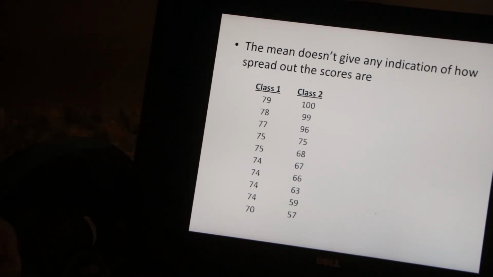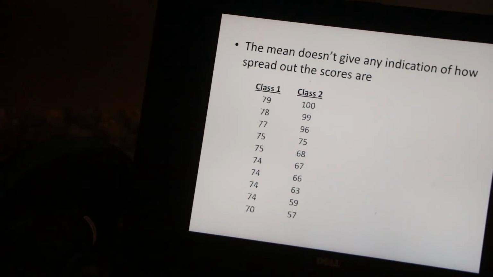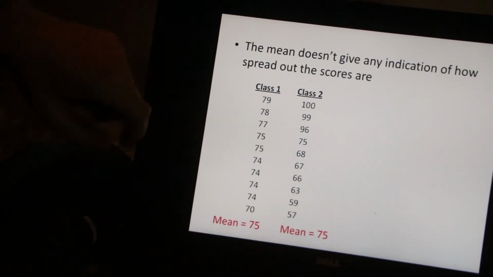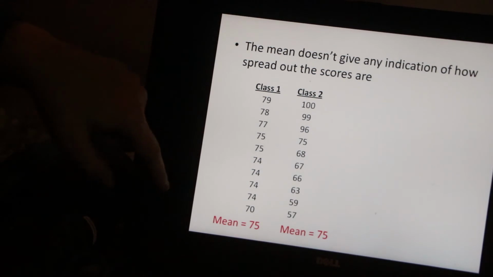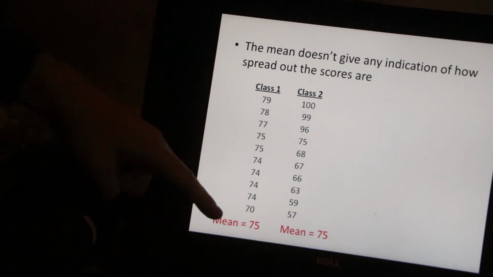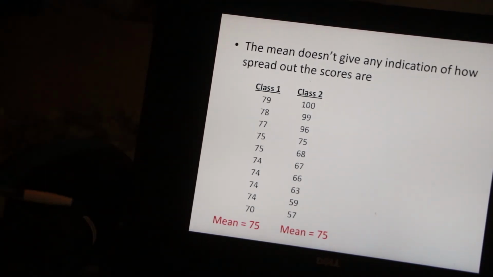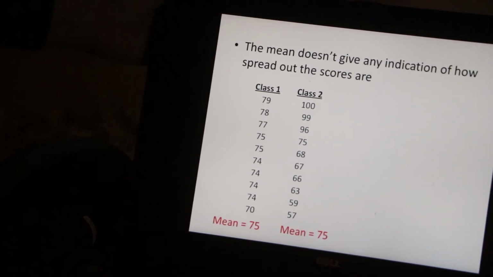So let's look at two classes. We have this class and we have this class, and here's their raw data for their grades. Okay, so both classes have a mean score of 75. Now, if you look at this class, you can see everybody got in the 70s, so it really makes sense that you would see a mean of 75.